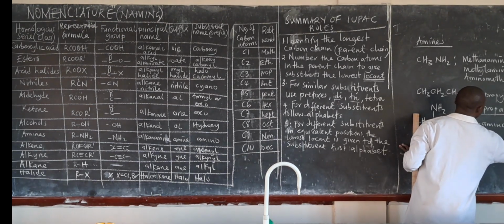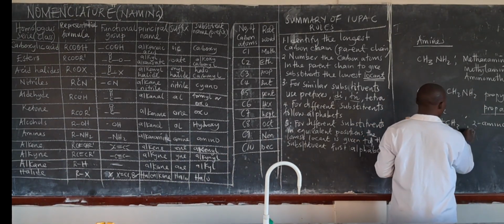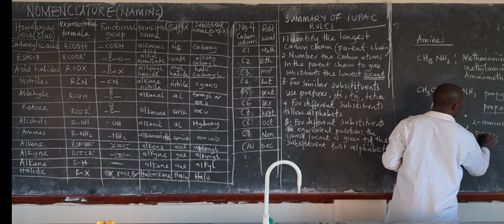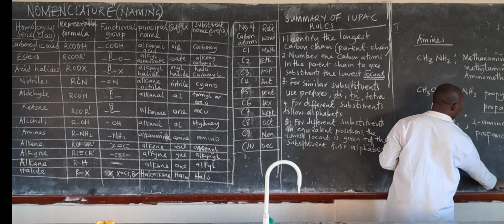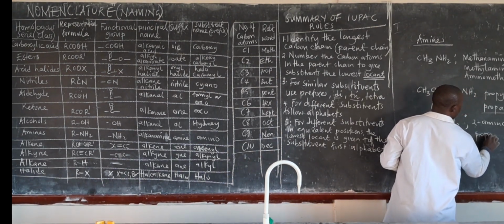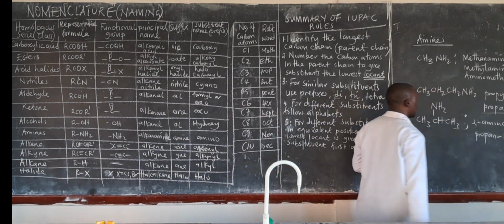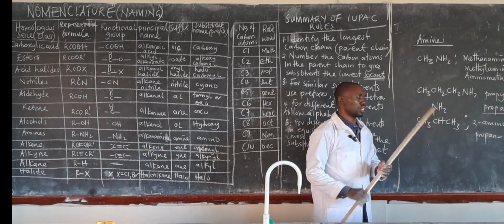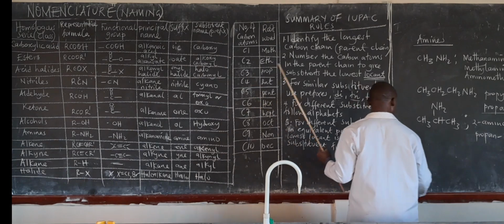These names also appear in textbooks. Then we can call it propanamine, but prefixing the position 2, as propan-2-amine. So this is another name for it, and you can name it by any of those. That's how we name amines based on our principal name.